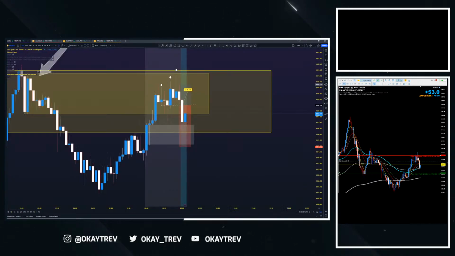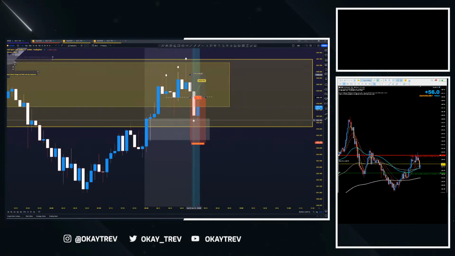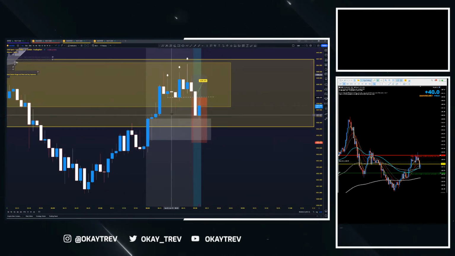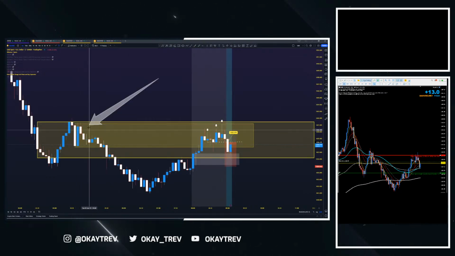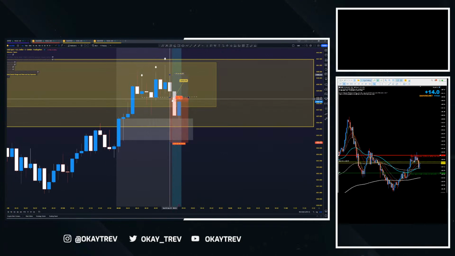What I'm waiting on is the continuation of the 5-minute trail. So I have these white 1, 2, 3 arrows showing you my POIs, points of interest, and the interest was the rejection of the buyers inside of this 5-minute supply zone.